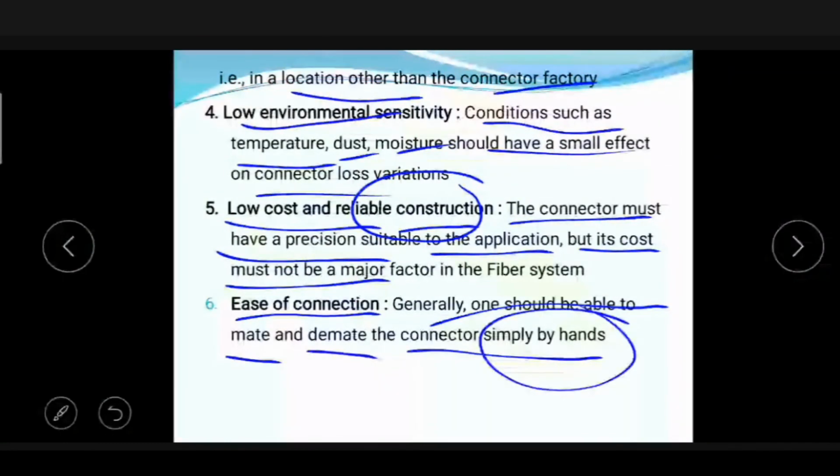There should not be any equipment required to remove the connector in a link. So easily you should be able to remove the connector using your hands. Okay, so that is mate and demate, that is connection and disconnection. Okay, so these 6 points you have to explain for the principal requirements of a good connector.